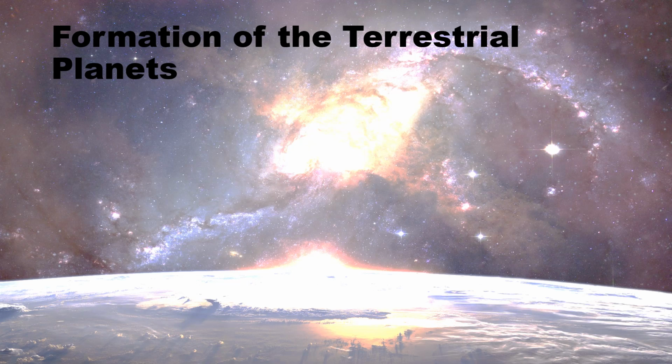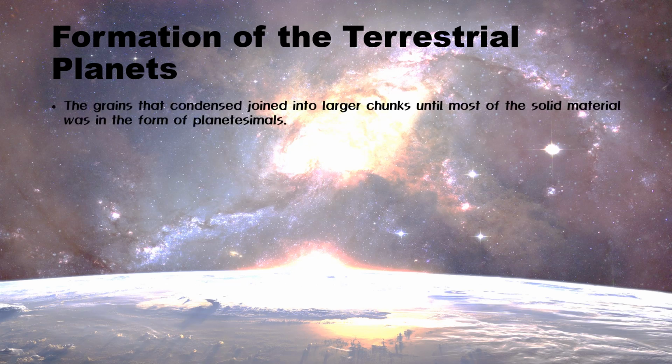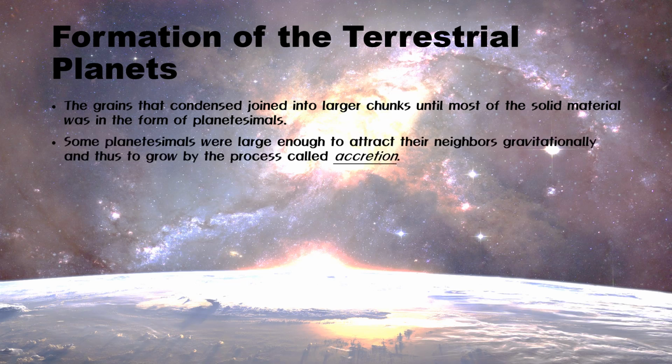So let's use this to think about the formation of the terrestrial planets. The grains of condensate joined into larger chunks until most of the solid material was in the form of planetesimals. Some planetesimals were large enough to attract their neighbors gravitationally and thus grow by a process called accretion. Accretion, of course, is just acquiring more material into the mass of that planetesimal.